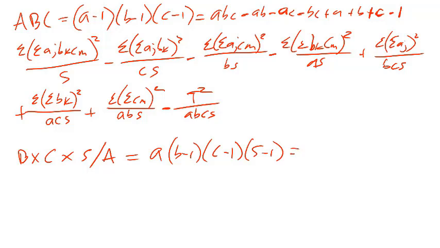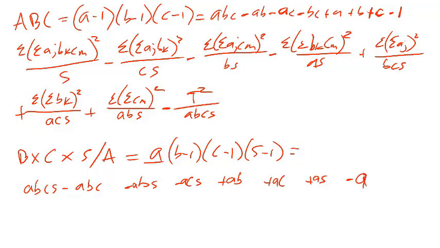So we distribute all that out, it ends up being BCS minus BC minus BS minus CS plus B plus C plus S minus 1. Now you're going to multiply the A through there, so it ends up being ABCS minus ABC minus ABS minus ACS plus AB plus AC plus AS minus A.